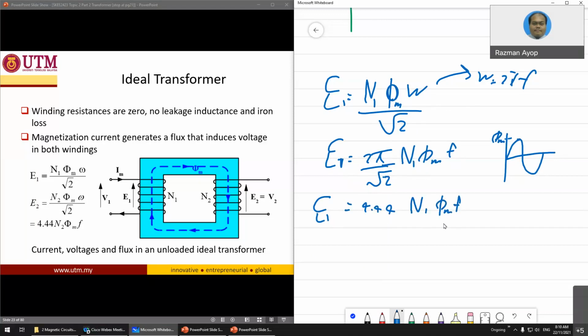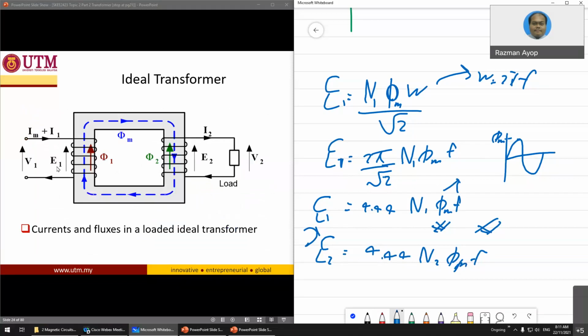This is how you calculate maximum flux or induced voltage in the transformer. Memorize this formula. E2 is also the same, only the winding changes. Frequency and maximum flux stay the same because the flux is common to both windings.